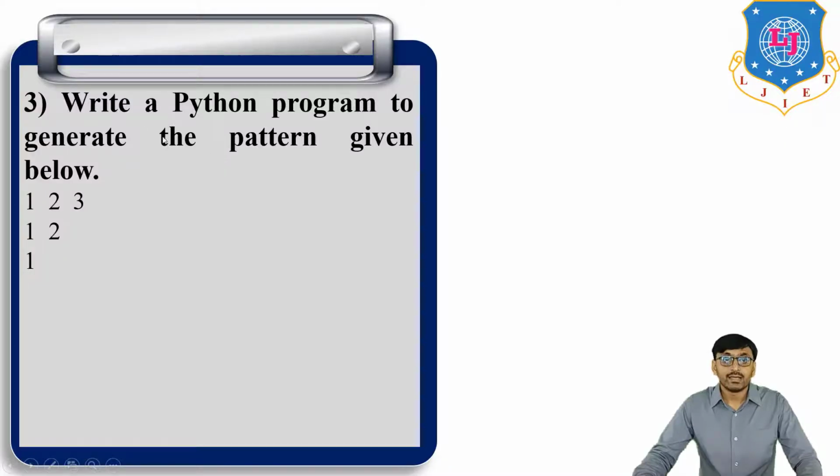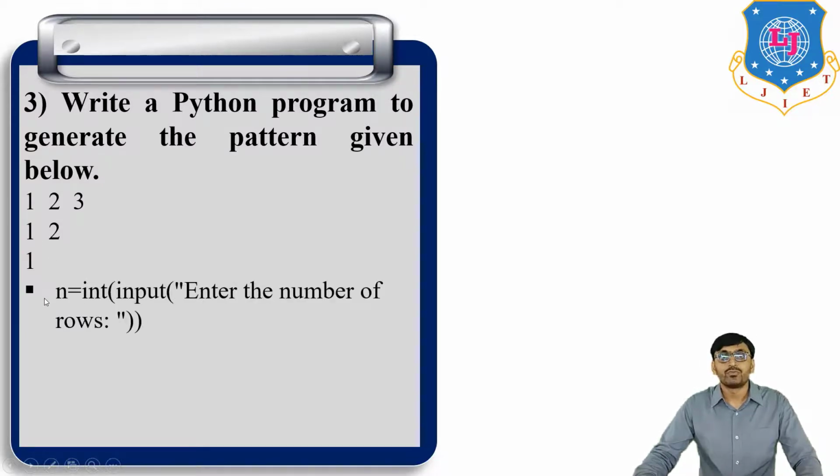Then third program: write a Python program to generate the pattern given below. 1, 2, 3, then 1, 2, then 1. So first step, n is equal to int input, enter the number of rows. We know what the input function is and what the int function is.